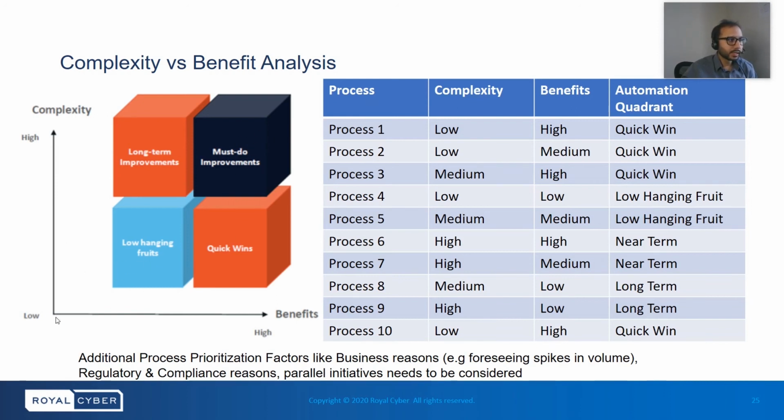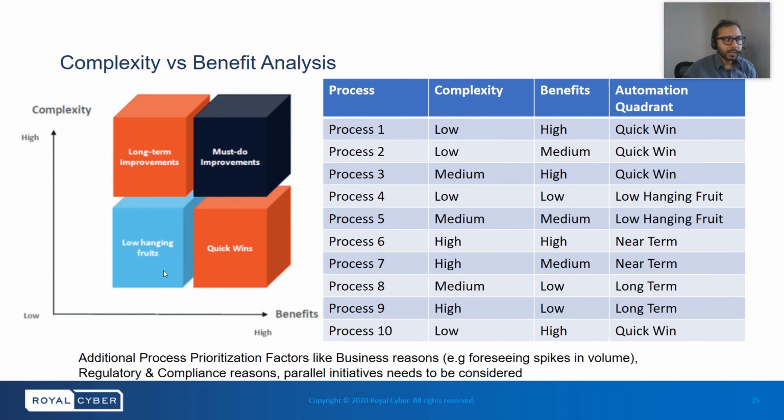And you can see here that processes that are low in complexity and low in benefits are to be placed here, and processes high in benefit and low in complexity should be placed here. So by putting these processes in these four quadrants, we can mark the processes as low complexity, high benefit, or whatever they are, and determine whether it's a quick win, whether it's a low-hanging fruit, or what we can declare it as.